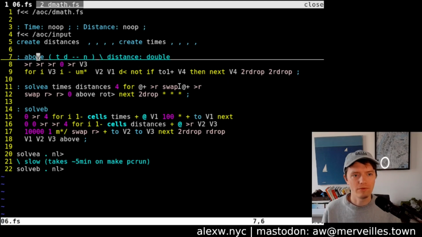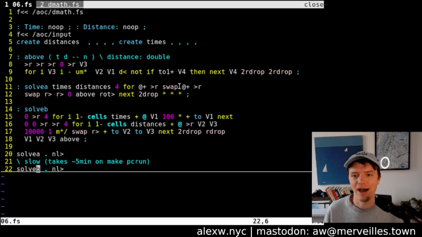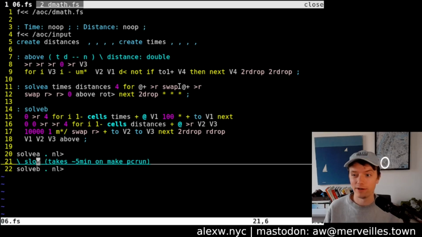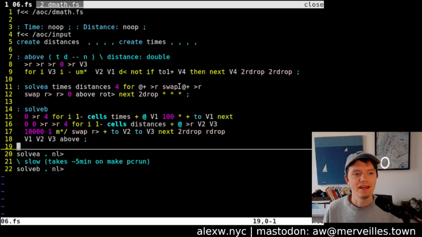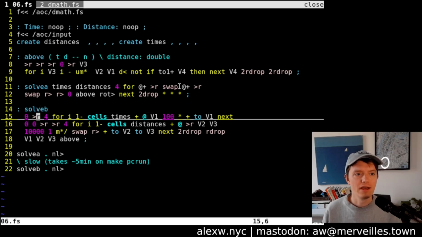The brute force works pretty well for part 1. For part 2, it does take about 5 minutes when I run it in QEMU on my laptop. So I'll walk through the part B solution.